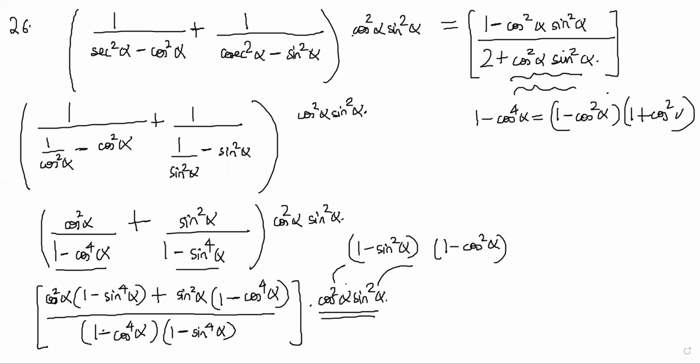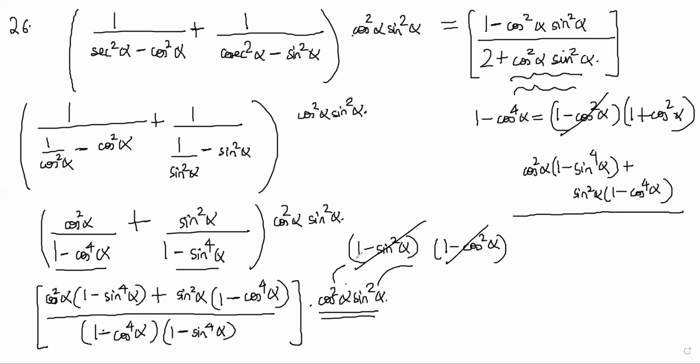So clearly I can cancel this 1 minus cos square alpha with this one, and 1 minus sin square alpha also. And I will end up getting, on top, cos square alpha into 1 minus sin 4 alpha plus sin square alpha into 1 minus cos 4 alpha, divided by, in the denominator, 1 plus cos square alpha and 1 plus sin square alpha, right?